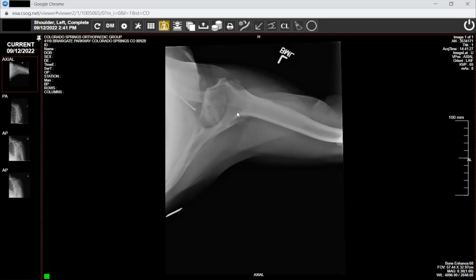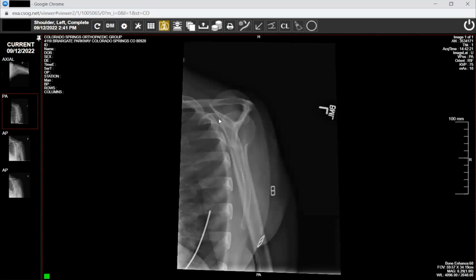And this again is the ball and socket, or the humeral head and the glenoid. And the problem with shoulder arthritis is when you start developing advanced arthritis, the socket here starts to get worn. And it's very difficult to assess this on plain x-rays.